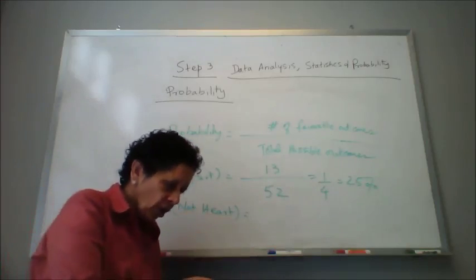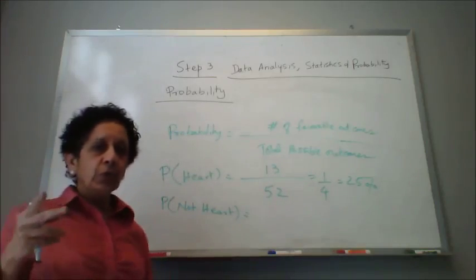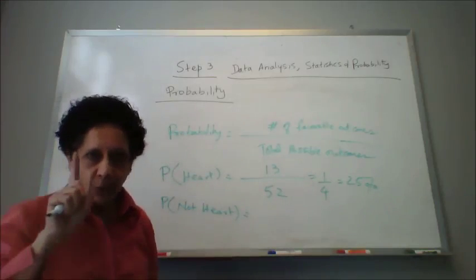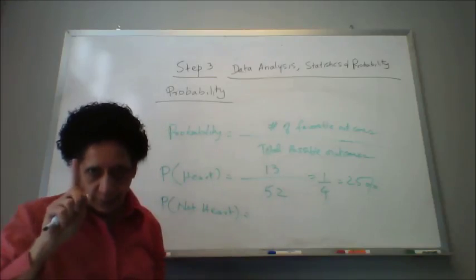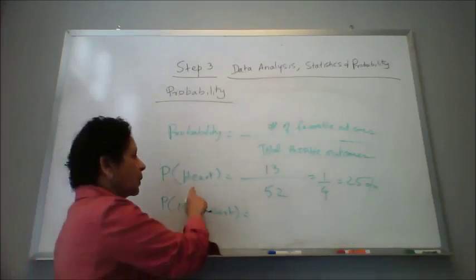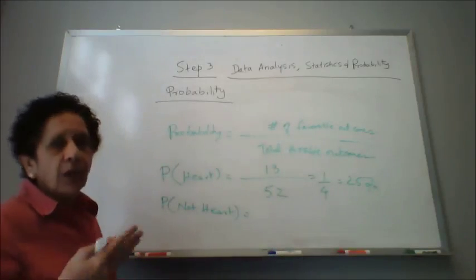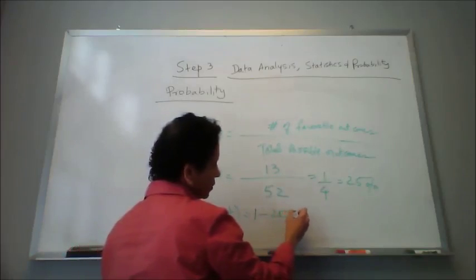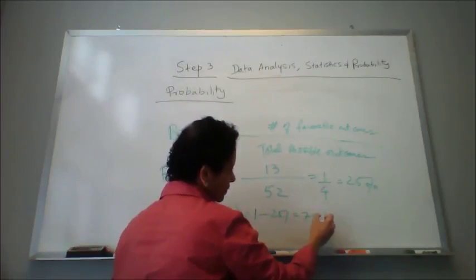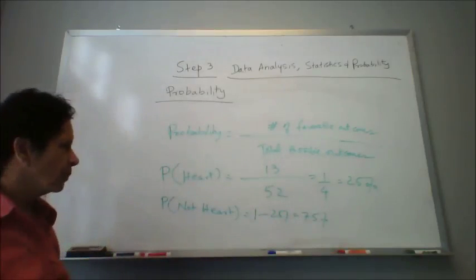So either I get a heart or I don't get a heart, right? So one of those two things is sure to happen. It's probability one, a sure thing, right? Either I get a heart or don't get a heart. That's a sure thing, probability one, right? But the probability of getting a heart is 25%. So the probability of not getting a heart is 1 minus 25%. You can say that's 75%. Okay? So that's one way of thinking about this problem.